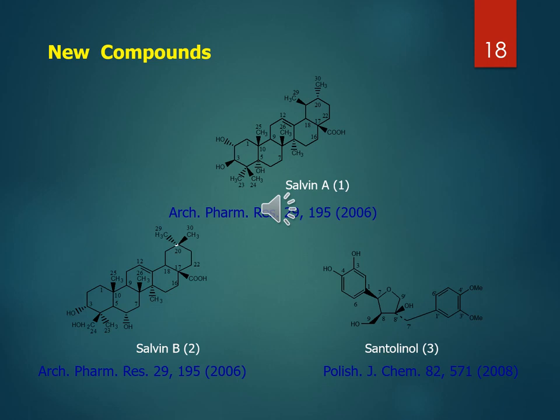The first two molecules, Salvin A and Salvin B, are terpenoids, and the third one is a lignan molecule named centrolinol, which has been published in the Chinese Journal of Chemistry in 2008. Let's see how these molecules have been separated, purified, and how their structures have been determined by using different spectral techniques.